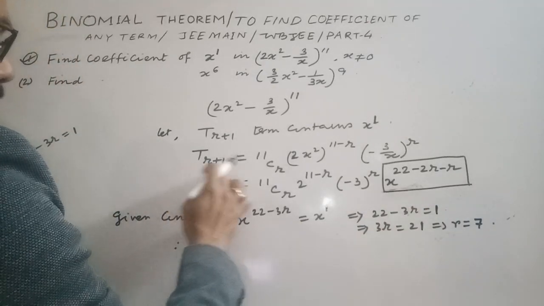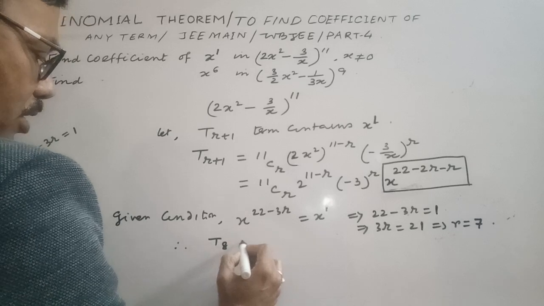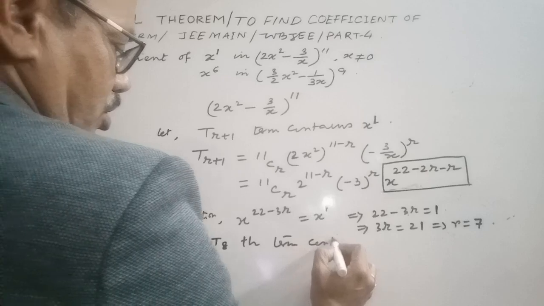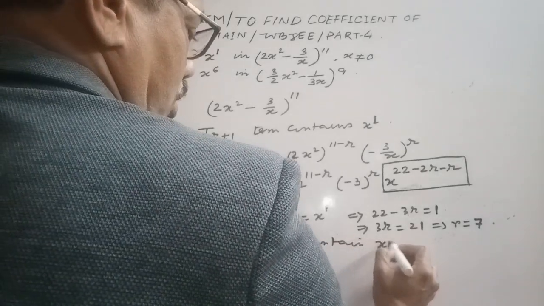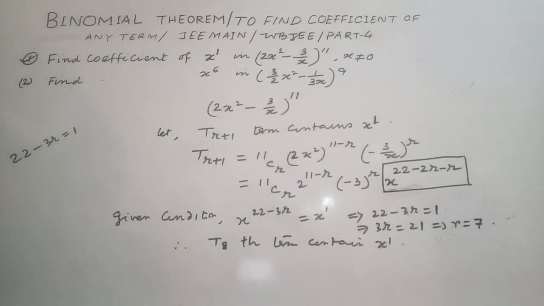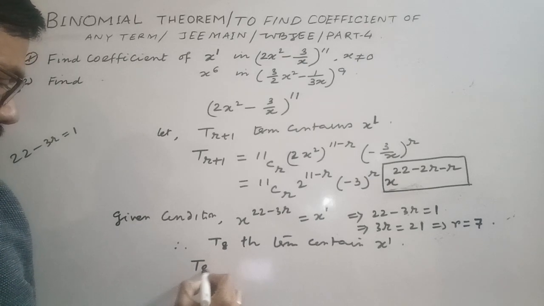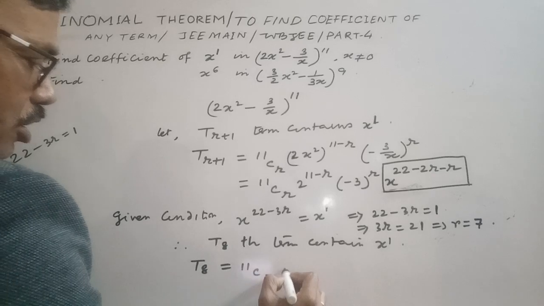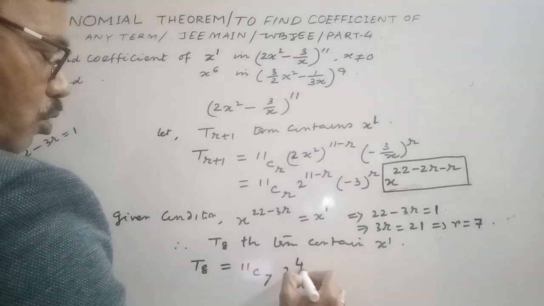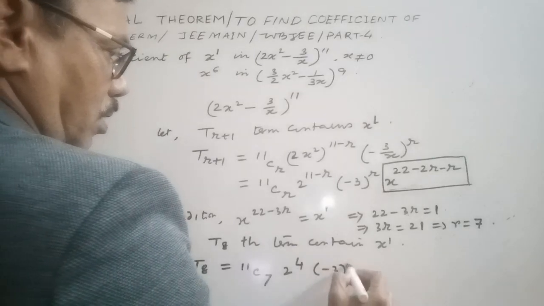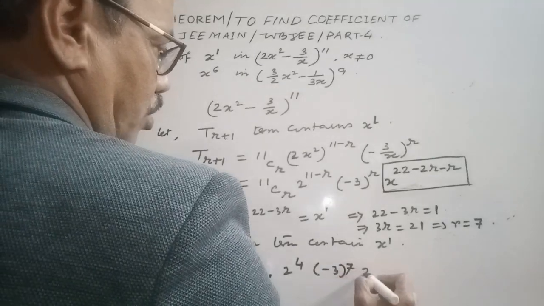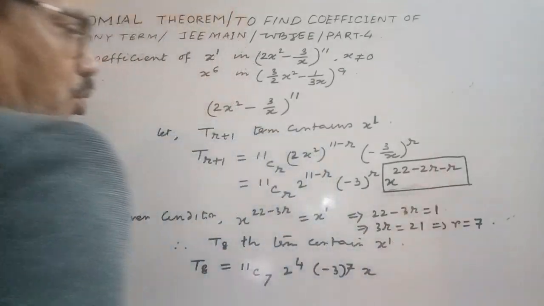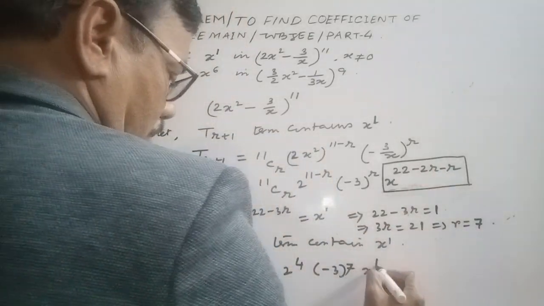Therefore, T(r plus 1), so the T8, 8th term contains x to the power 1. Now what is T8? 11 C 7, 2 to the power 4, minus 3 to the power 7, into x to the power 22 minus 3r, so x to the power 1.